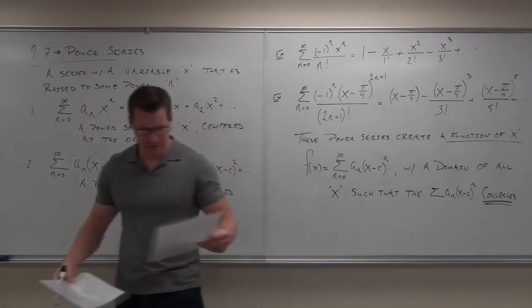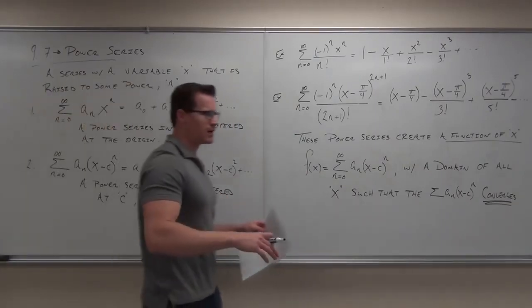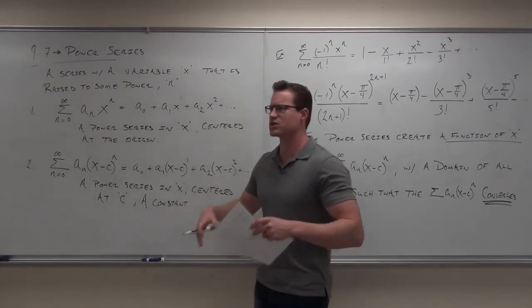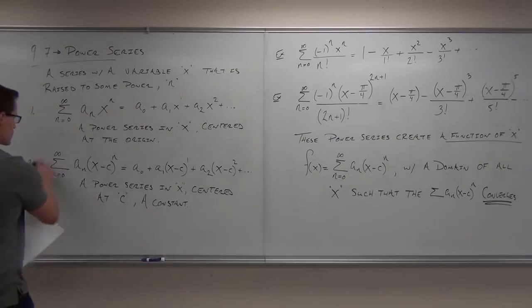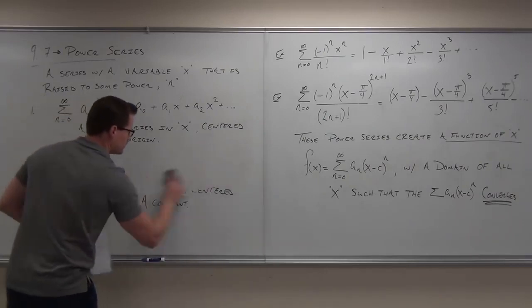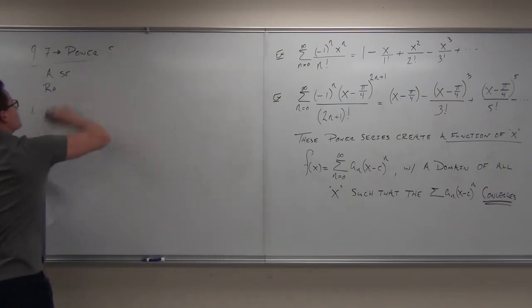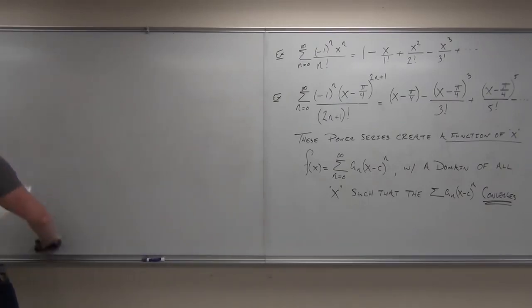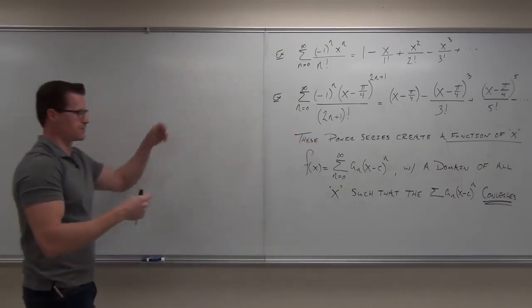Now, let me give you a couple examples on how we actually do this and what we can do with it. Not any hardcore examples yet. We're still kind of on the note-taking part of this. So, we got the power series idea. It makes a function so that our domain is all the x's that make the series converge.